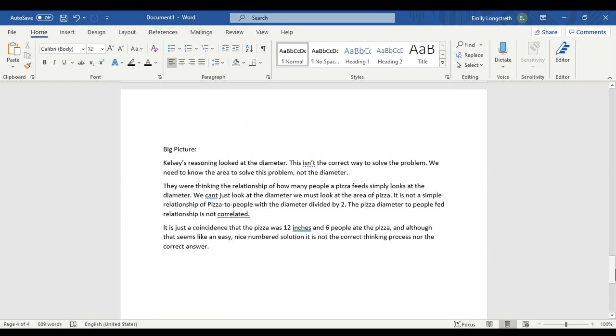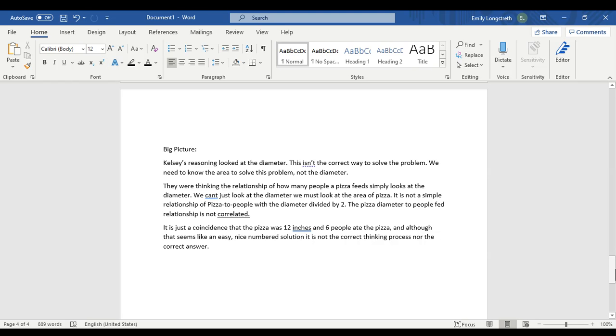The second part of this problem asked us why their reasoning was wrong and what the correct reasoning is. The big picture overall is that they were looking at the diameter alone and trying to make it a correlative relationship to the amount of people that ate it.